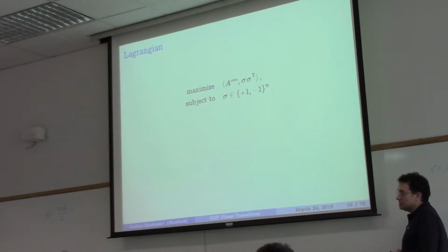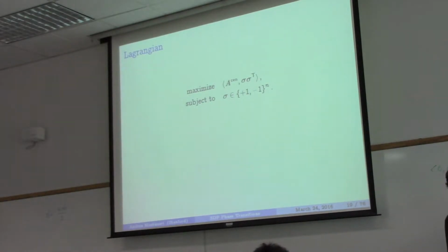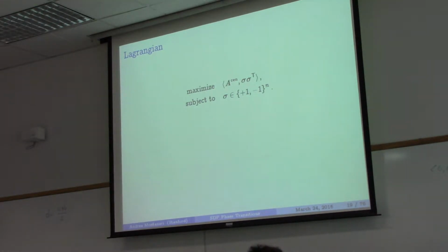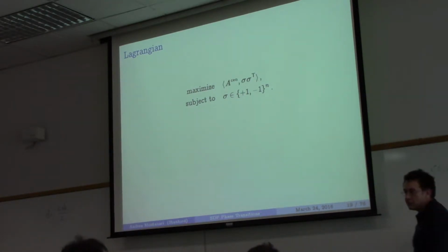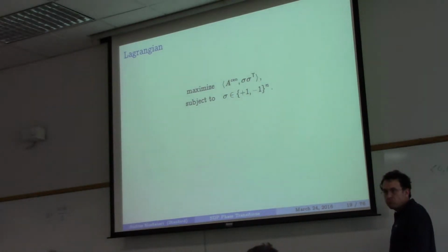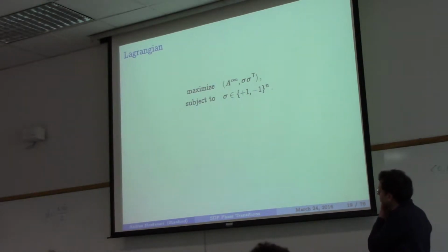You can think of this as just a Lagrangian version of the previous problem, because this is the same as sigma A sigma minus d over n sum over i of sigma_i squared. So before I was forcing the sum of sigma_i to equal 0, I'm just adding it as a soft constraint. So think of this as a regularization parameter or a Lagrangian. Okay? I just like it better.